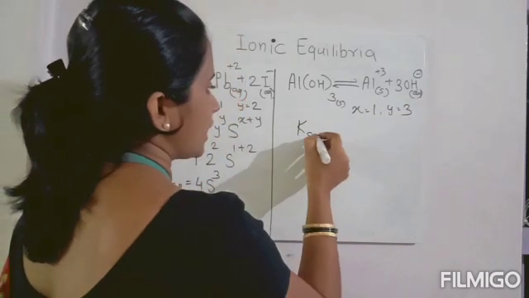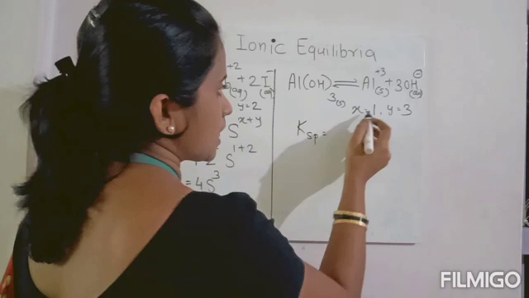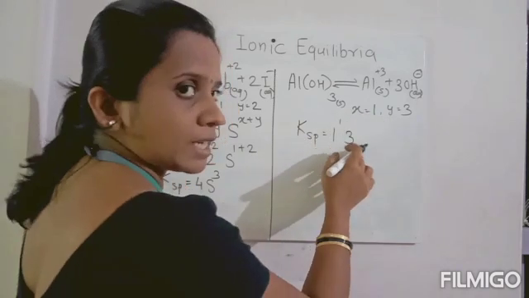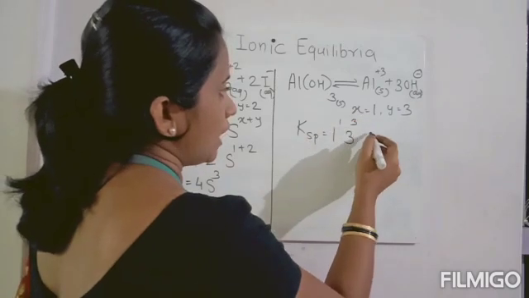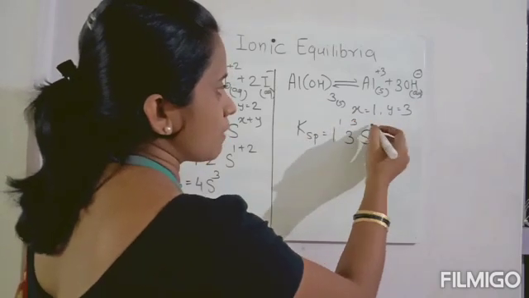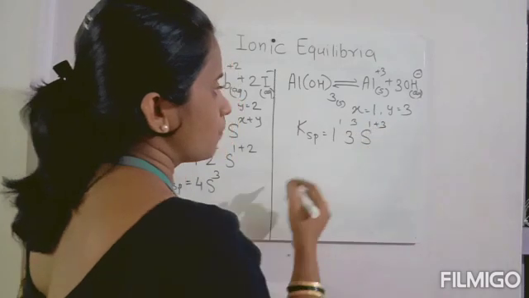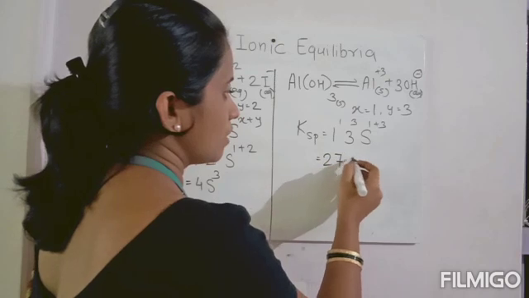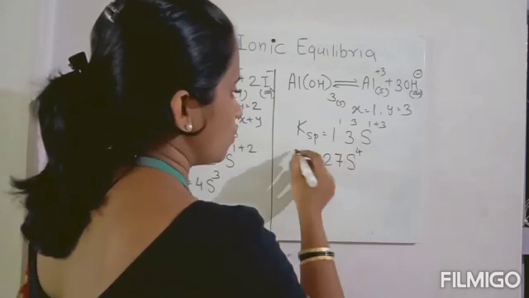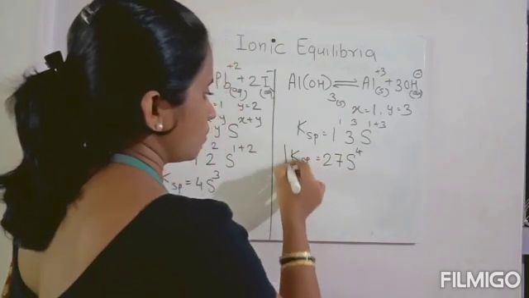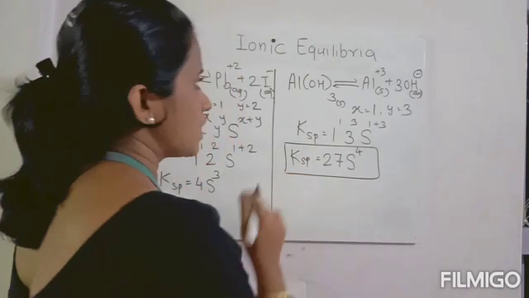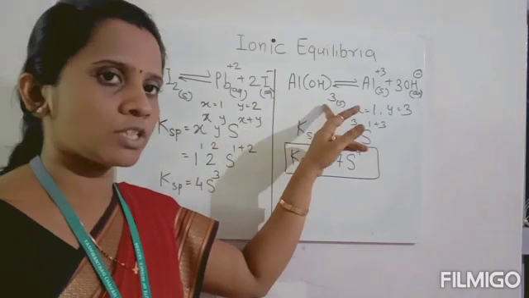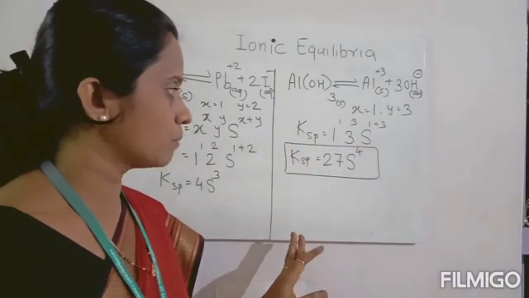So expression Ksp will be x raised to x, that means 1 raised to 1, y raised to y, that means 3 raised to 3, and s raised to x plus y, that is 1 plus 3. So 3 raised to 3 means 27, s raised to 4. So this is the expression for this solubility equilibrium of Al(OH)3, aluminium hydroxide.